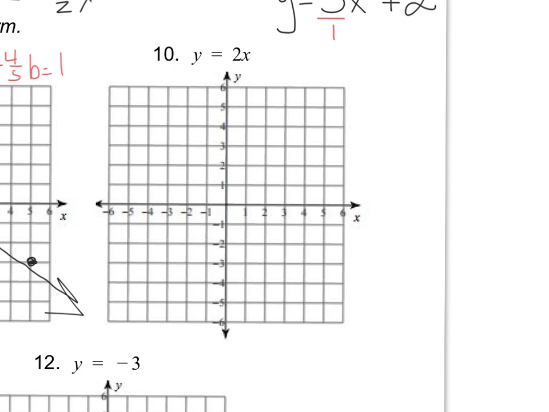Number 10. Well, what is funky with number 10? Number 10 is funky because it looks as though you have y equals 2x. If that 2 is connected to the x, that means that is your slope. We are missing a y-intercept. So you can assume that your y-intercept is 0.